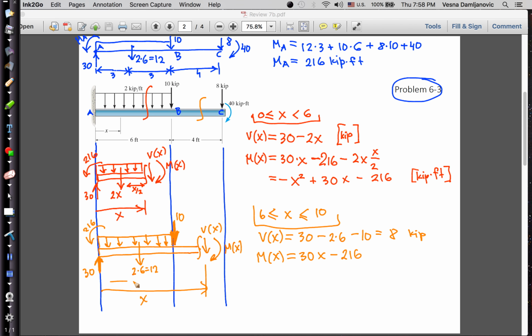This amount here is 3. It's the middle of the section. So it will be 12 times, and it's minus, so let me make this fat like the other forces. 12 times, and then this minus that. So it's x minus 3.